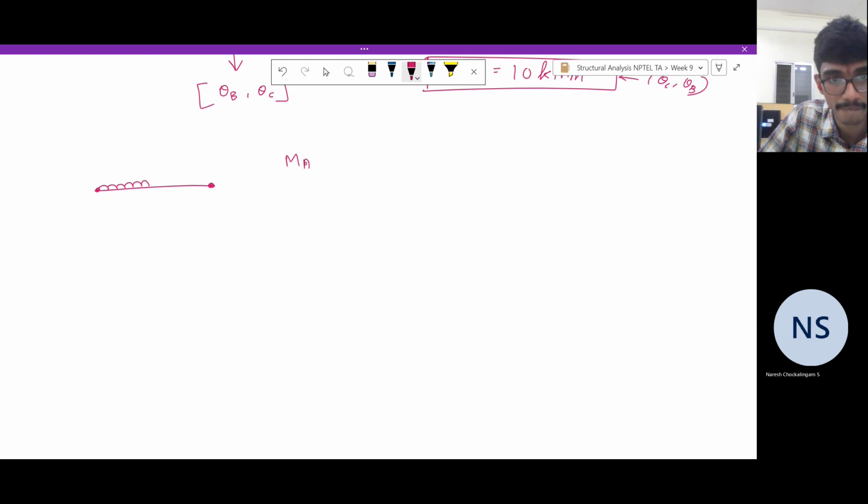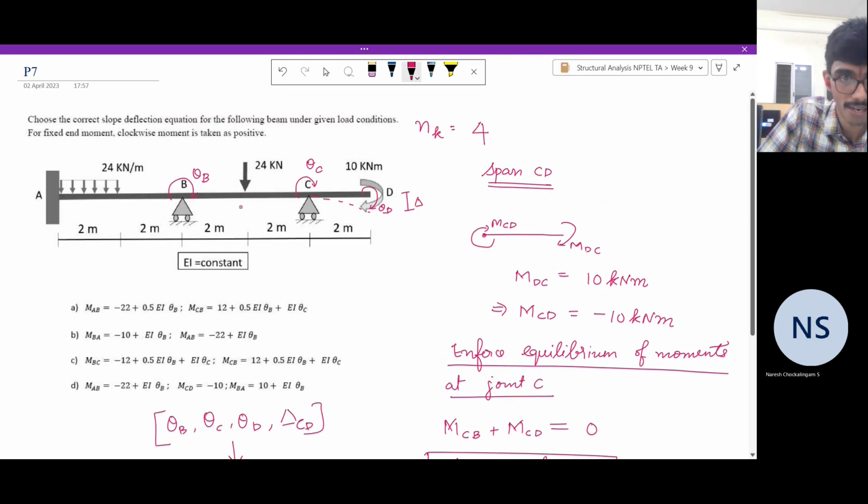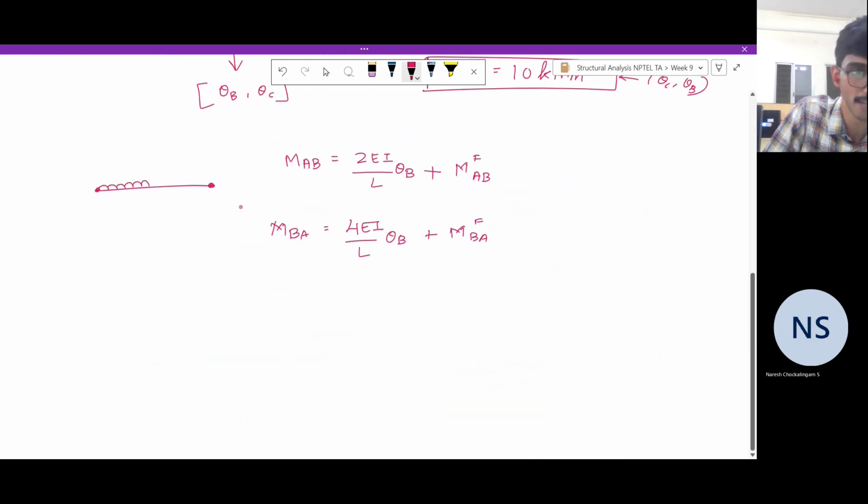Before that, MAB is equal to 4 EI by L theta A, and since theta A is 0, it is just 2 EI by L theta B. There is no chord rotation, no support settlement, plus MABF. What is MBA? MBA is 4 EI by L theta B plus MBAF. So this is span AB.